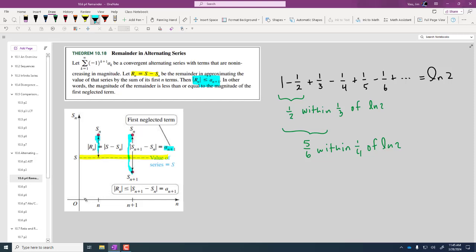So the a sub n plus 1 is that distance. And that distance is a little bit more than that distance, but it's a reasonable approximation to the actual remainder. So we know that it's a slight overestimate of the remainder. But it's a simple way to get a gauge on the remainder.